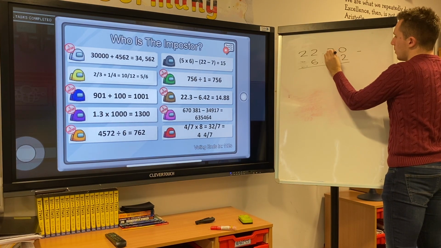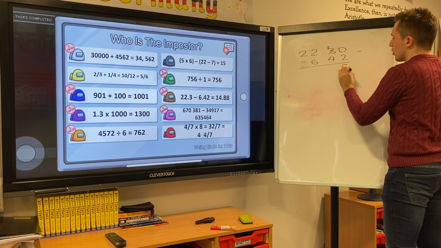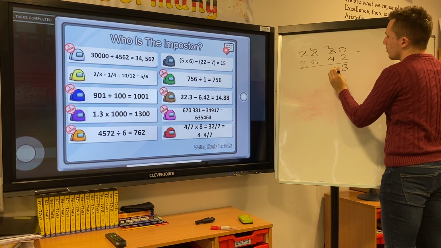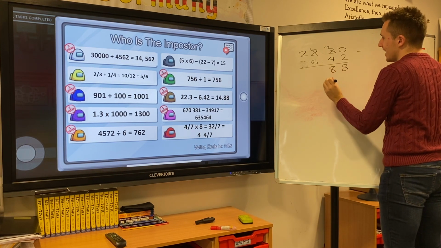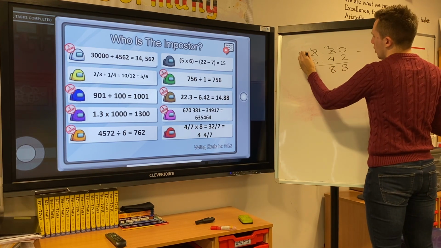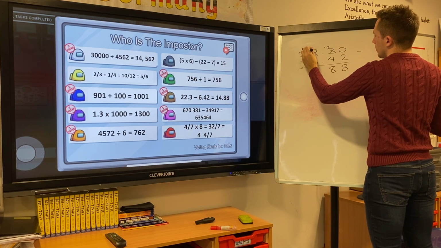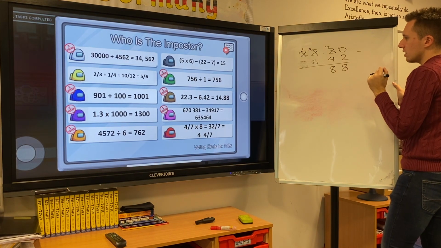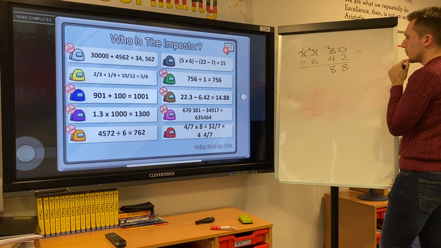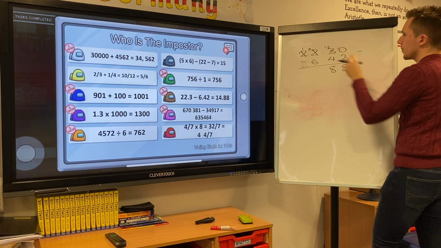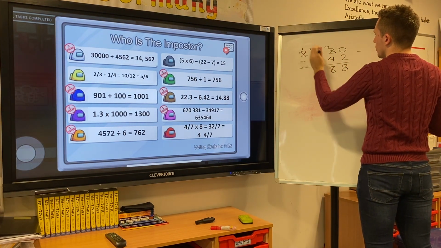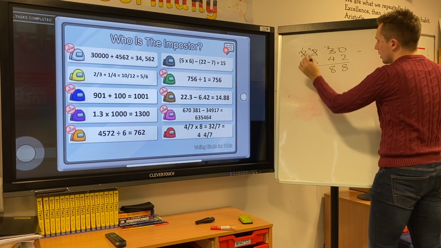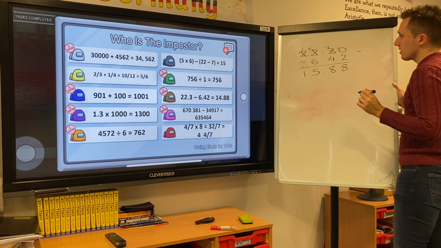Can't do that, so we need to borrow. 10 take away 2 is 8. 2 take away 4 we can't do. We're going to borrow. 12 take away 4 is 8. 1 take away 6 we can't do. 21 take away 6. Hold on. 11 take away 6 is 5. 15.88.